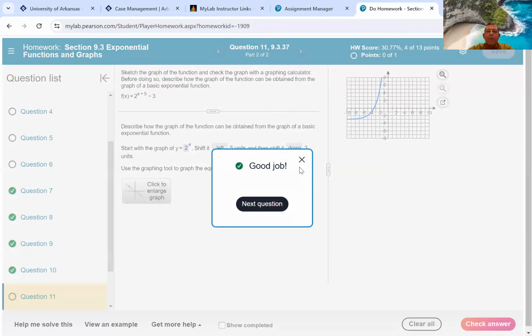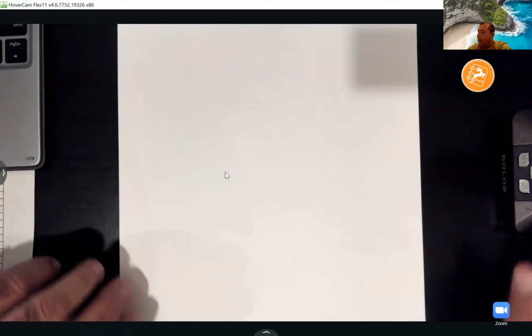Alrighty, y'all. Next I'm going to show y'all a formula that uses exponential type stuff, okay? So let me get my paper turned over and then I'll share my other screen. All right, y'all.